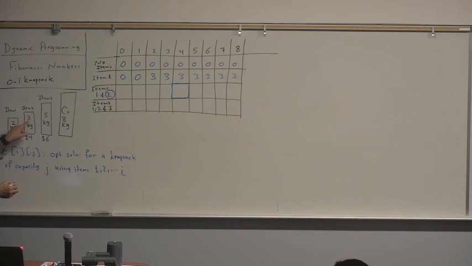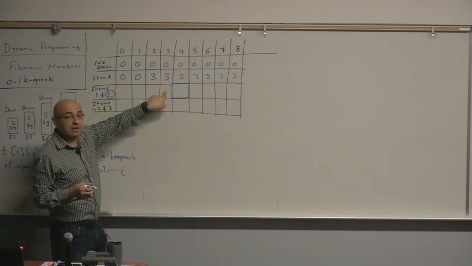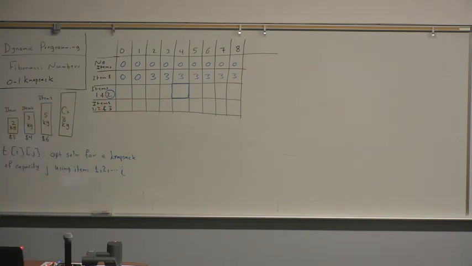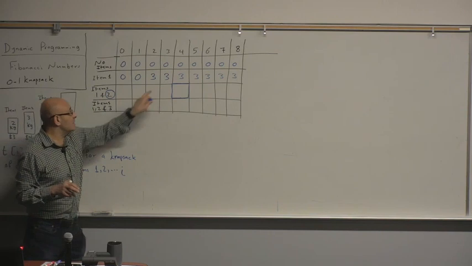Because when we get to capacity 3, we will have the option of taking item 2. Before that, it won't fit. So we need at least a capacity of 3 in order to consider item number 2.